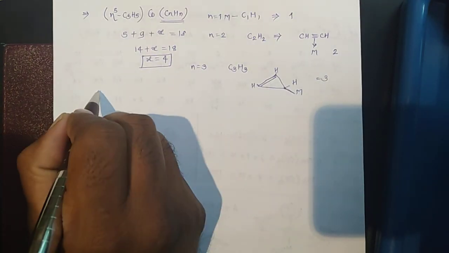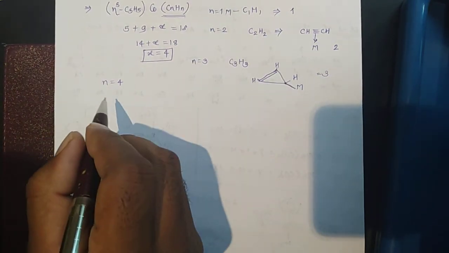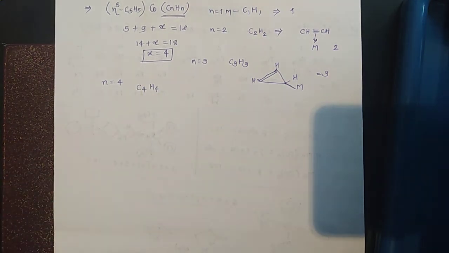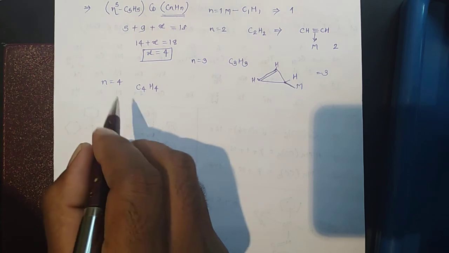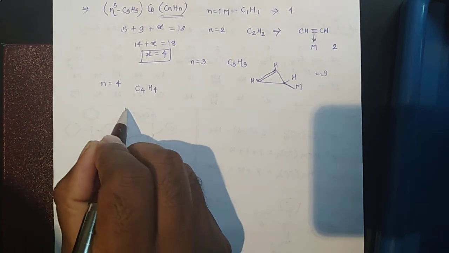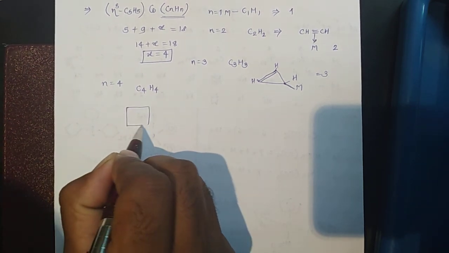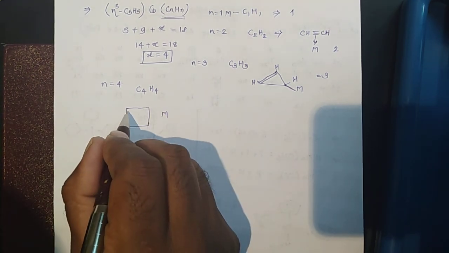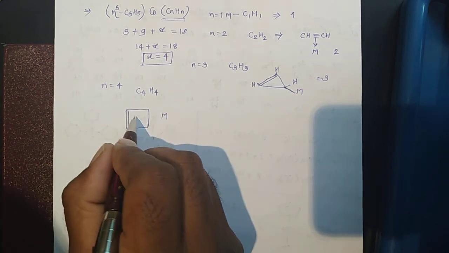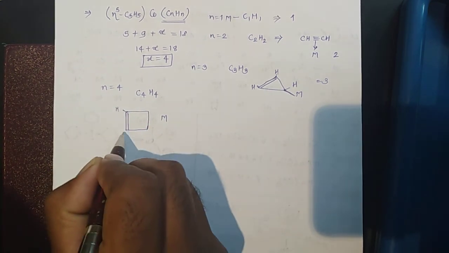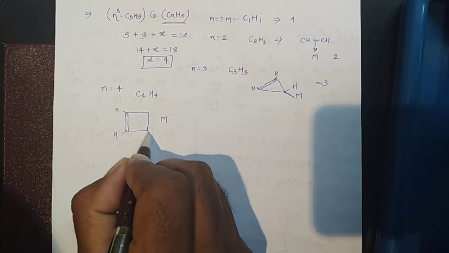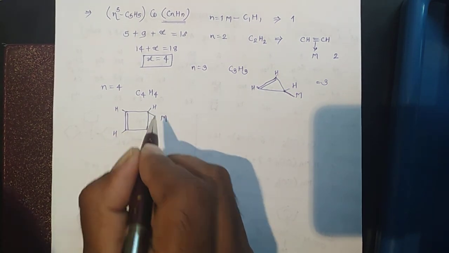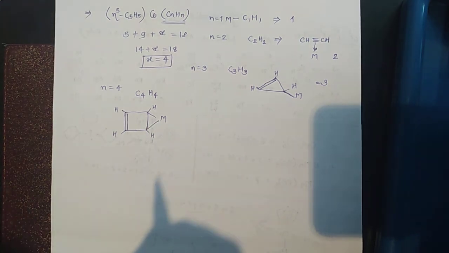So we will think about n equal to 4, which means the formula is C4H4. How can we draw it? Again the structure will be cyclic. We write the metal, C4H4 means here hydrogen, here hydrogen, here hydrogen, here hydrogen, and this will attach to the metal.